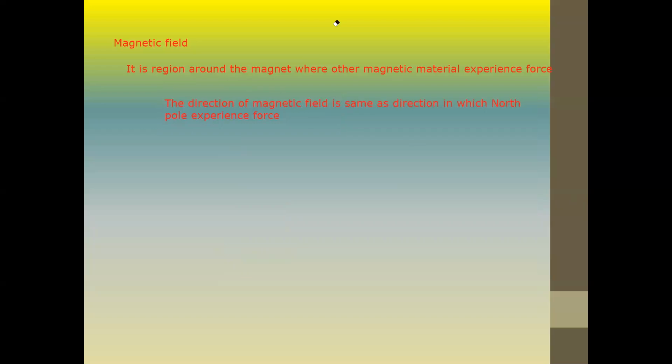For example, if I have a permanent magnet and I want to show the direction of the magnetic field, we have North Pole and South Pole.